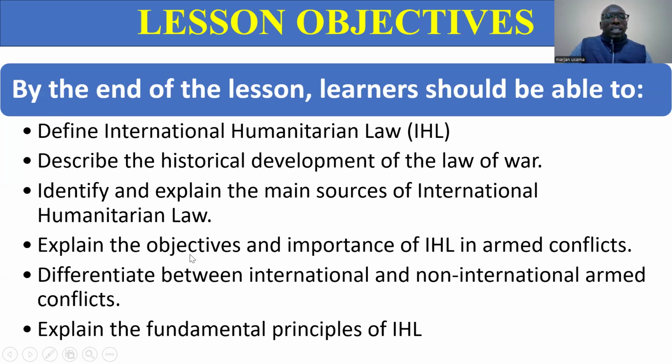Then explain the objectives and importance of international humanitarian law in armed conflicts. Then differentiate between international and non-international armed conflicts. Then lastly, explain the fundamental principles of international humanitarian law.